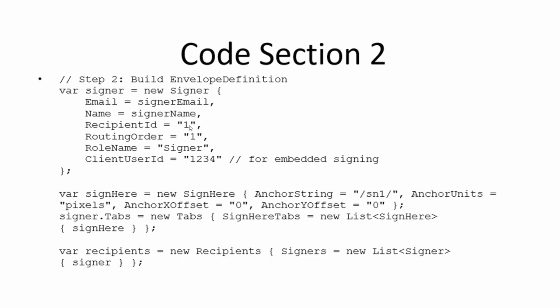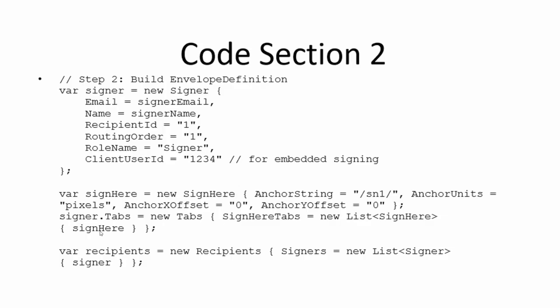And these are the default values you need to use: recipient ID 1, routing order 1, role name will be signer, and client user ID will be 123 for embedded signing. Alright, and then you will need to add an anchor tag, as we have already discussed, for signing on the DocuSign document.